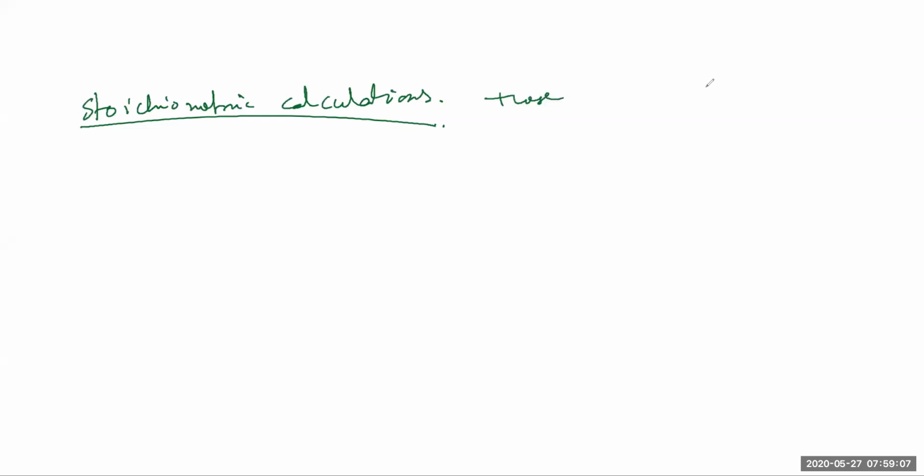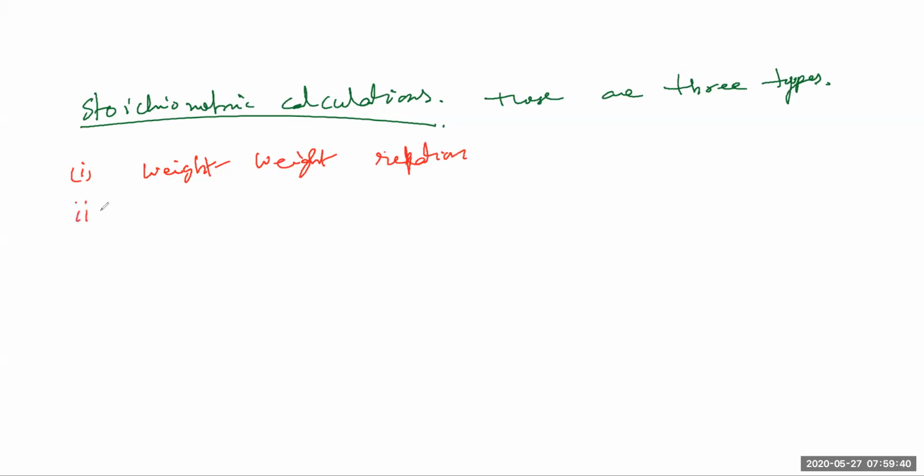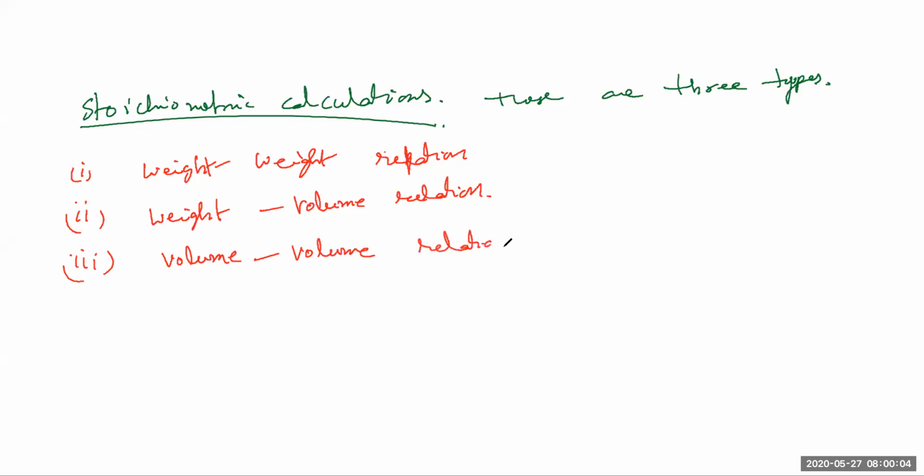These are three types: one is weight-weight relation, second is weight-volume relation, third is volume-volume relation.